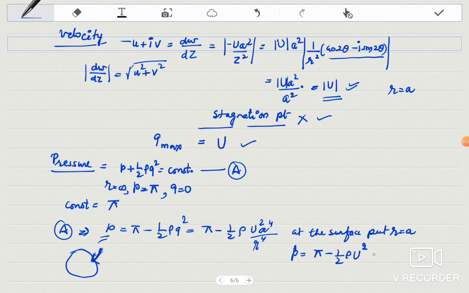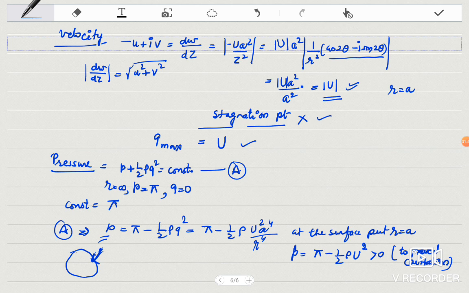So to prevent cavitation, this should be greater than 0. Otherwise, if p is not greater than 0, there will be a gap between the cylinder and the fluid, or you may say that the fluid will leave the cylinder and there is a possibility of cavitation.